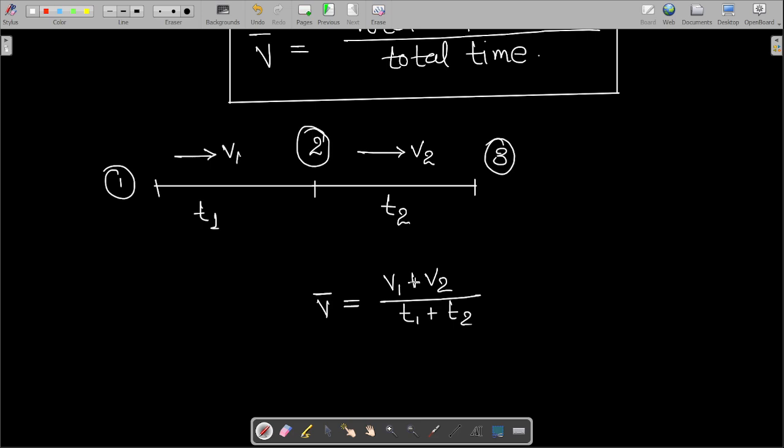Otherwise the direction will be changed here. If v1 is in this direction and v2 is opposite of this, then the expression will be v1 minus v2. Okay, so please remember this. While doing the numericals, we will see how we do this.